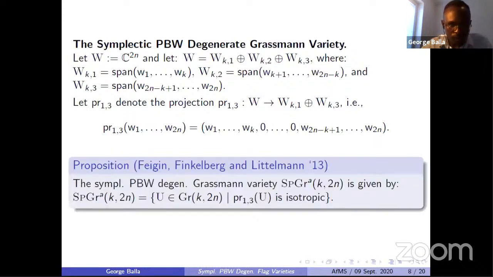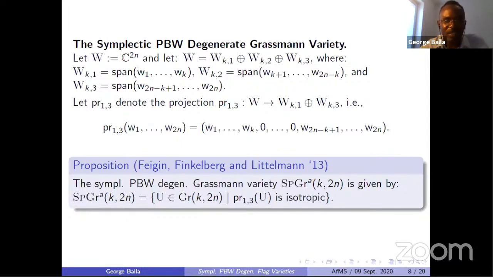What was proved by Feigin, Finkelberg, and Littelmann in 2013 is that the symplectic PBW degenerate Grassmann variety, which we denote by the same symbol but attach an a to show degeneration, is given by the set of all subspaces from the usual Grassmannian such that the projection of these subspaces under the above projection is isotropic. So we no longer require the whole subspace to be isotropic, but we require their projections to be isotropic.